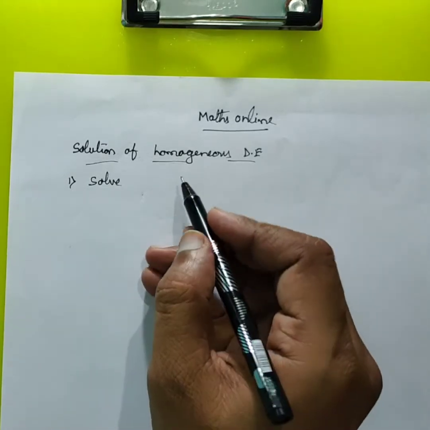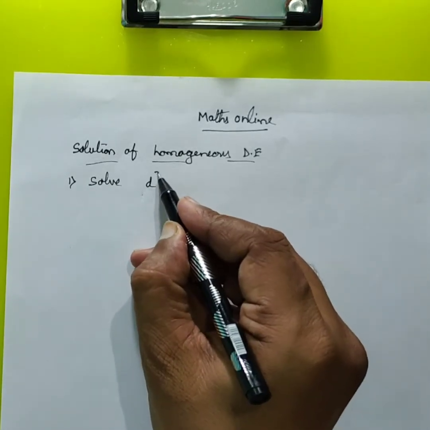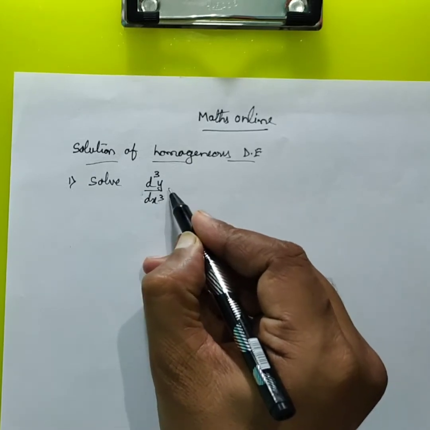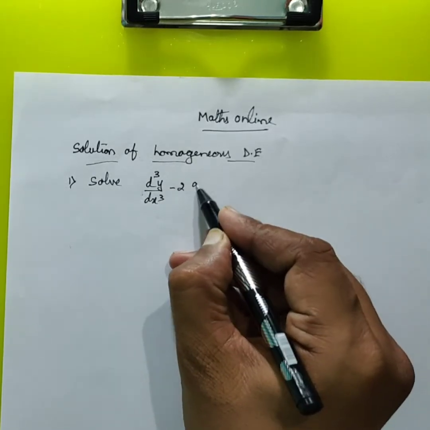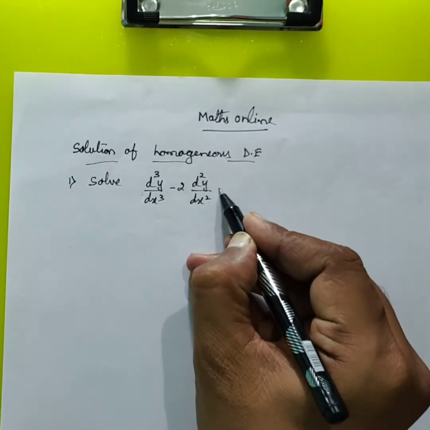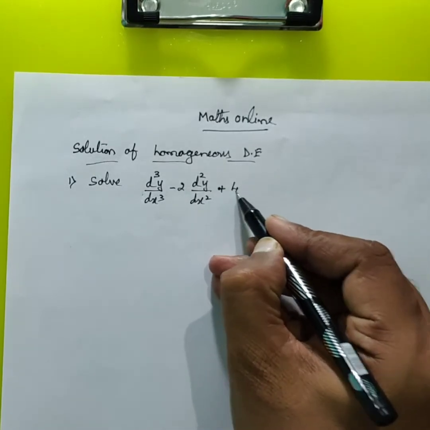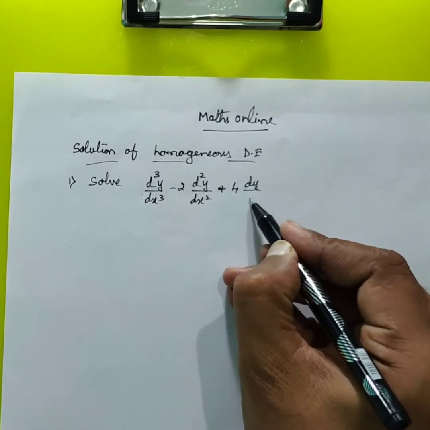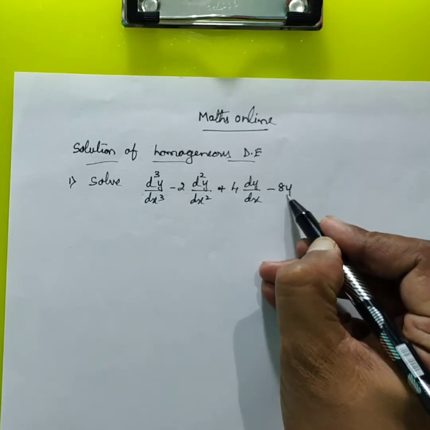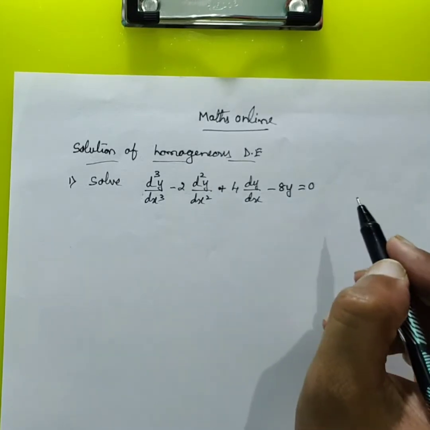Solve d cube y by dx cube minus 2 times of d square y by dx square plus 4 times of dy by dx minus 8 times of y is equals to 0.